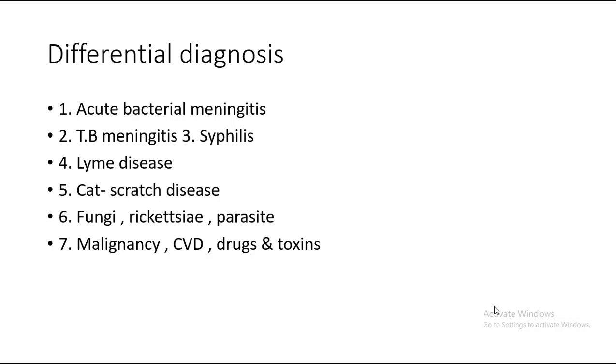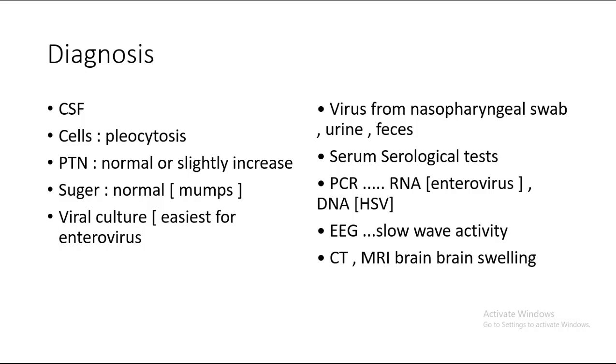The differential diagnosis of viral encephalitis or meningoencephalitis includes acute bacterial meningitis, TB meningitis, syphilis, Lyme disease, cat-scratch disease, etc. And we have to consider non-infectious illnesses, as in malignancy, connective tissue disease, drugs, toxins. How can we diagnose viral meningoencephalitis or encephalitis? By analyzing CSF if there is no contraindication.